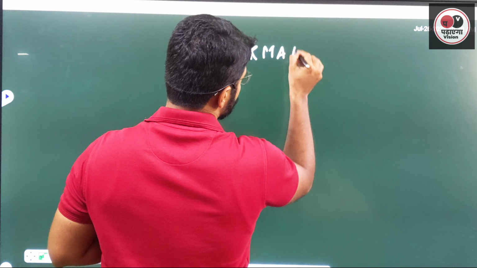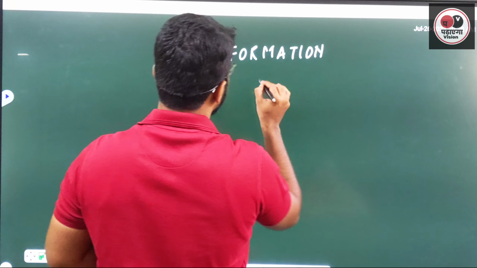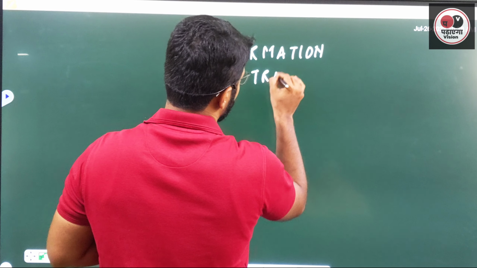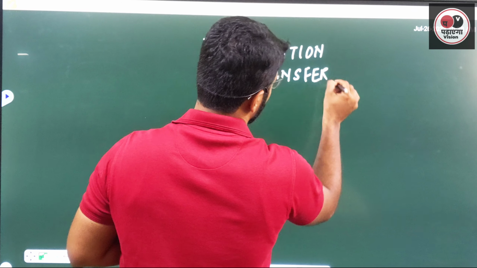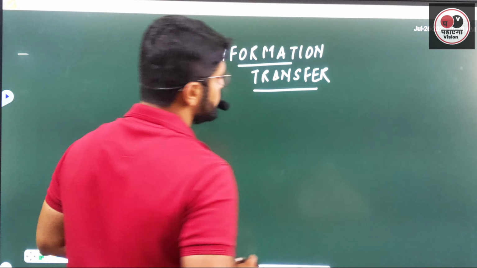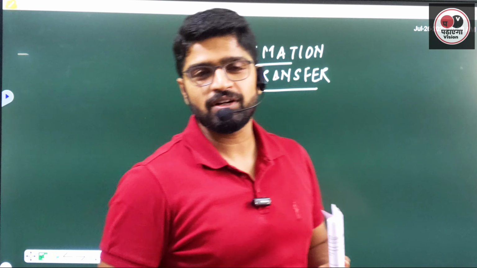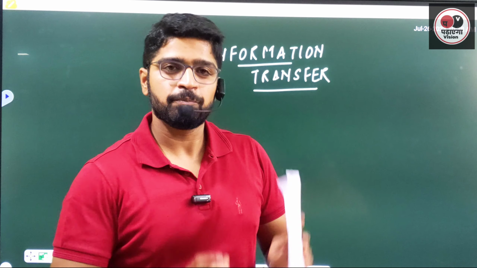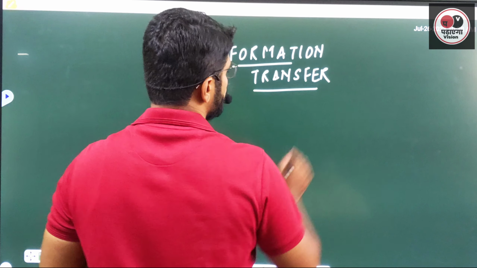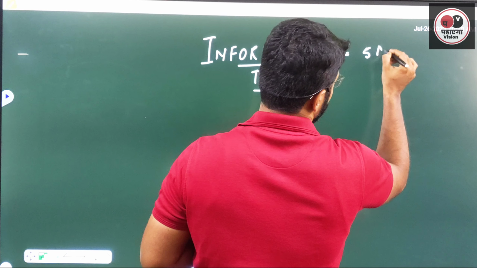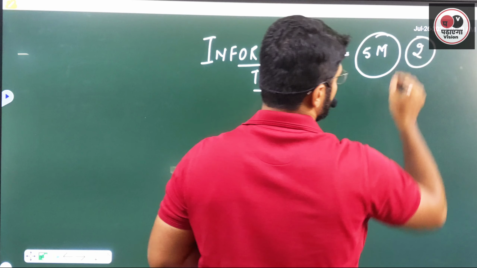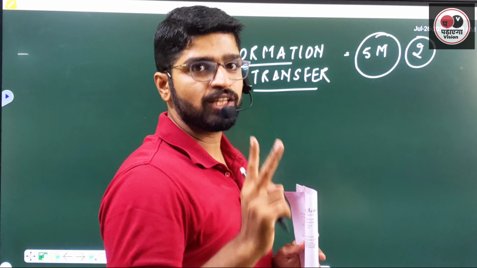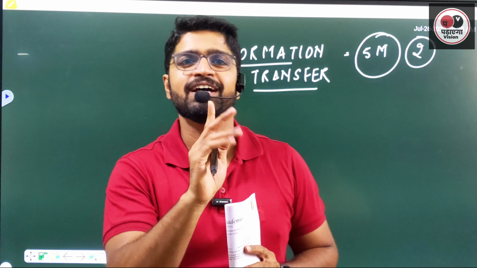I'm sure many of the students, the moment they saw this title, are absolutely happy, because on a very practical note, information transfer can give you ample score. It practically comes into the paper for 5 marks, and there are 2 options given, of which any one has to be solved.